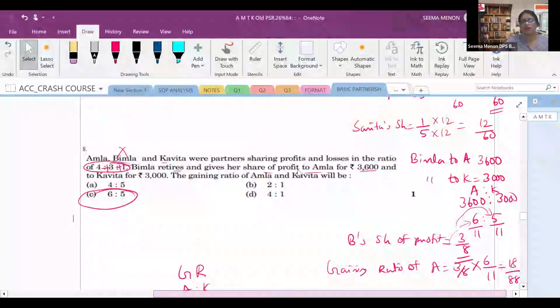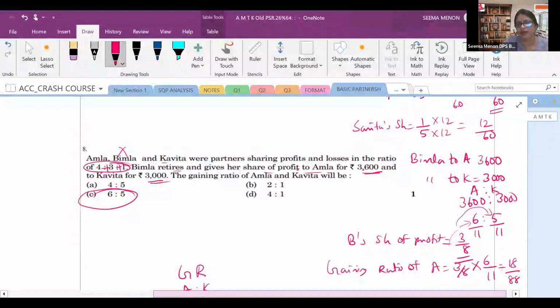First, Bimala is giving her share of profit, whenever the partners are retiring. That is given in the ratio of 3,600 and 3,000, which is the contribution by Bimala. So Bimala to A is 3,600 and Bimala to Kavita is 3,000.